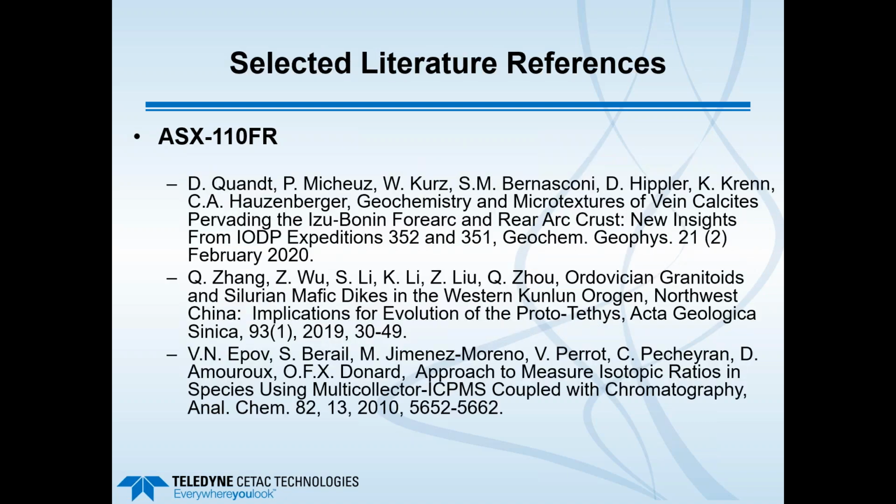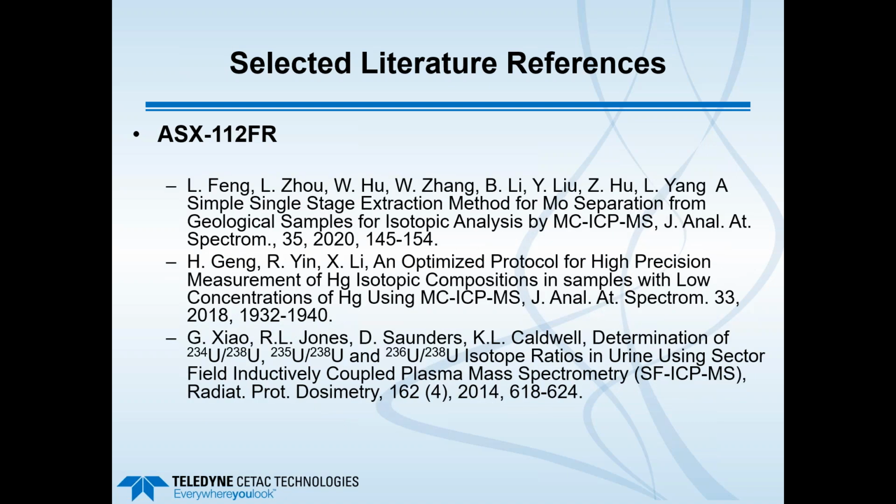I've also selected some literature references using both the ASX 110 and 112. Here for the 110, you see examples, and these are all with regards to using with multi-collector ICP-MS for geological applications. And then for the ASX 112, the first two at the top, and these are fairly recent applications, are for geology.